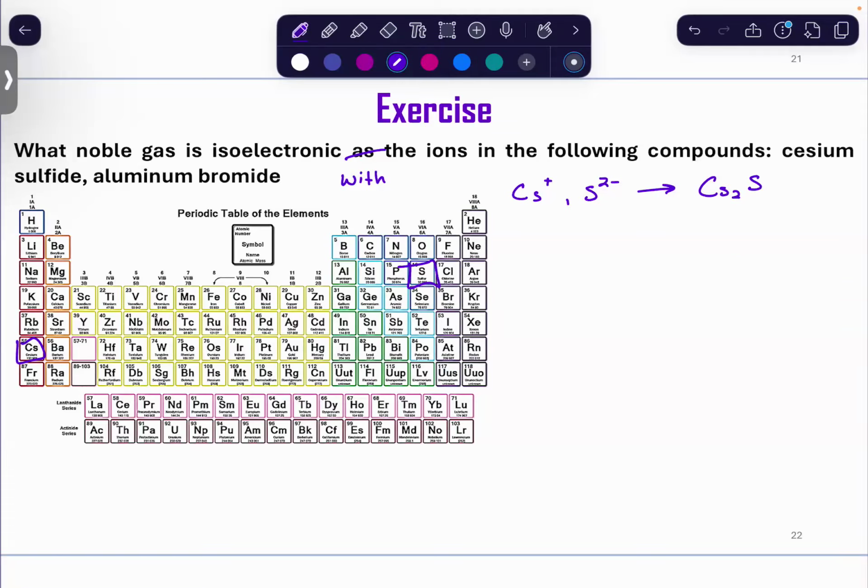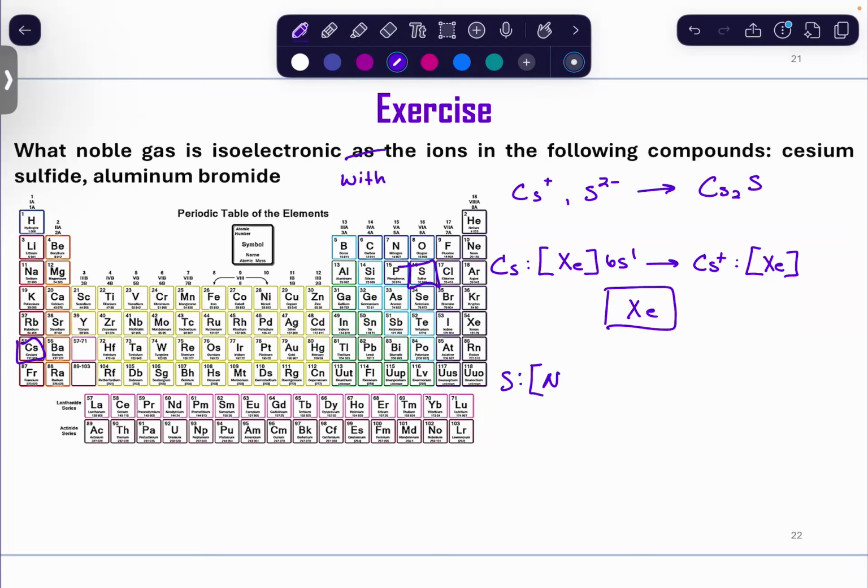Okay, so let's look at what happens. Cesium's configuration is xenon as your inner shell, 6s1, and it's going to lose that 1 electron. So it is isoelectronic with xenon. Next is sulfide.